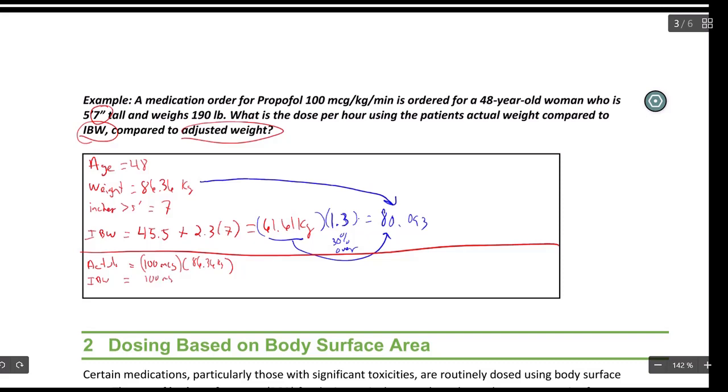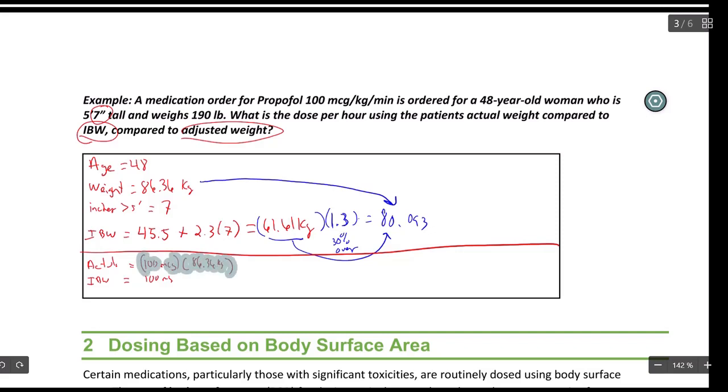All right, so I had to take that phone call, but back over here, look at their dosing for actual was, like I said, 100 micrograms per kilogram per minute. So I wanted to just put the little unit here of minutes. Let me just put the units more in there.